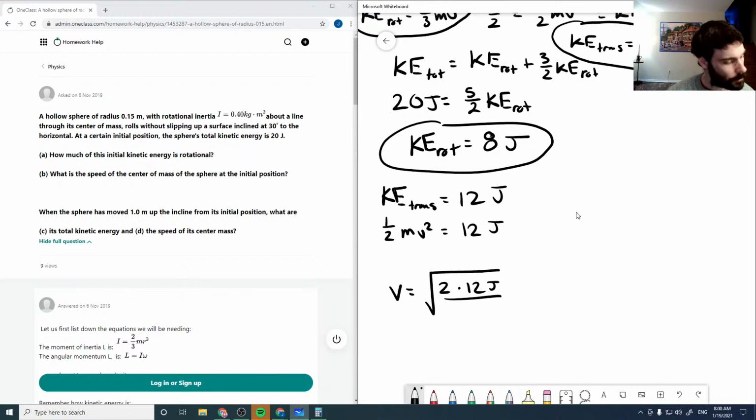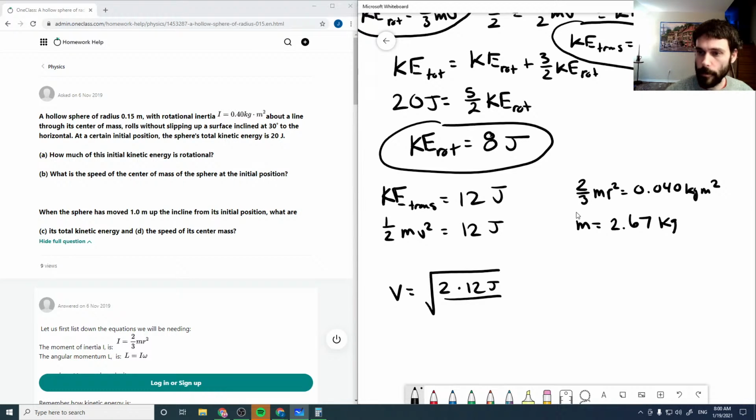We're not given our mass, but we are given that 2/3 of mr squared is 0.040 kilogram meters squared. So then our mass is 2.67 kilograms.